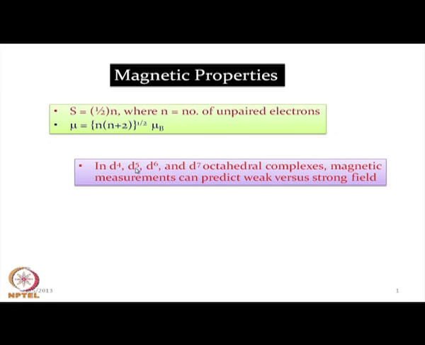Similarly, in the case of several iron compounds, we have seen that there is a spin state equilibrium, and that spin state equilibrium is also very much temperature dependent. At a particular temperature, a system can go from a low spin case to a high spin case as we increase the temperature.